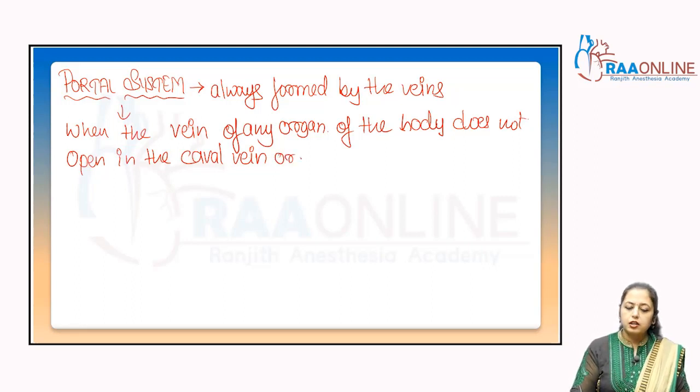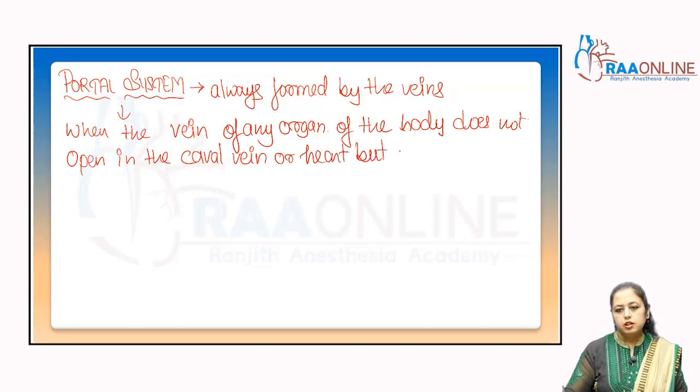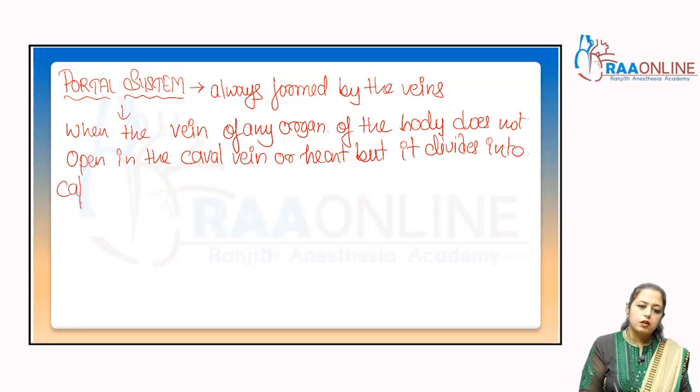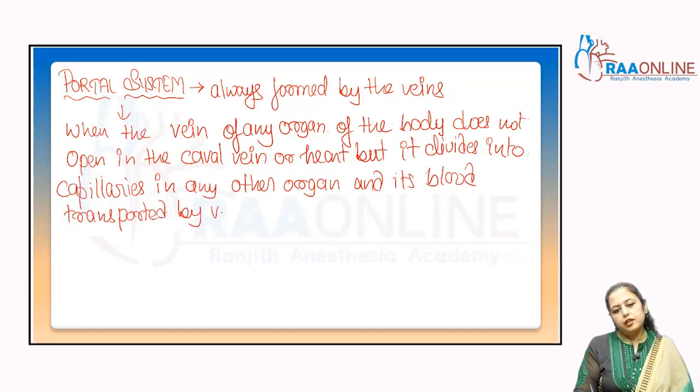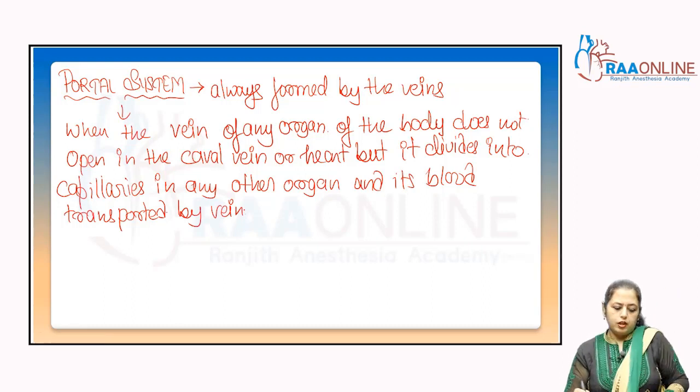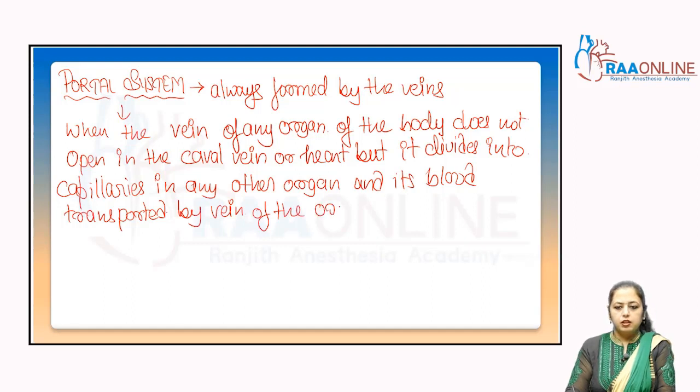So in the portal system, the vein does not open in the caval vein or the heart, but it divides into capillaries in any other organ, and its blood is transported by the vein of the other organ to the heart, right?